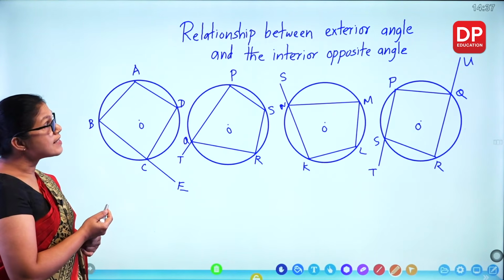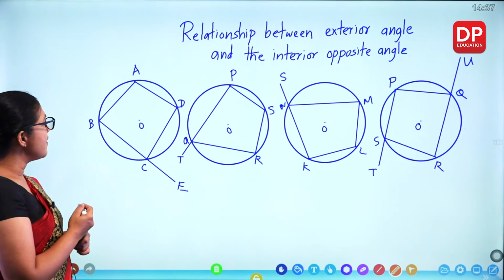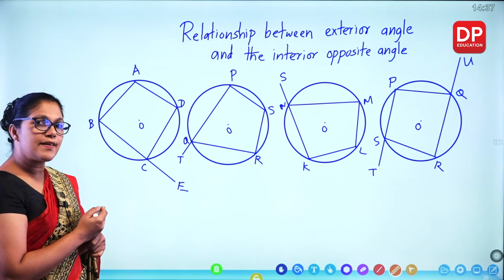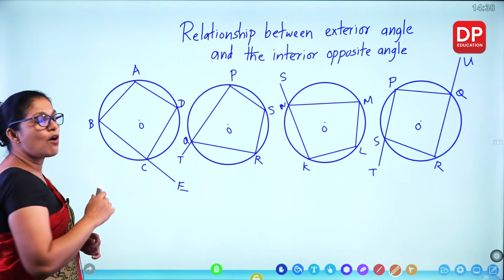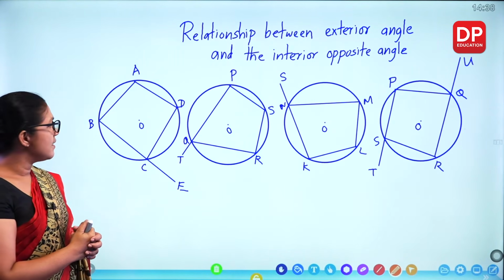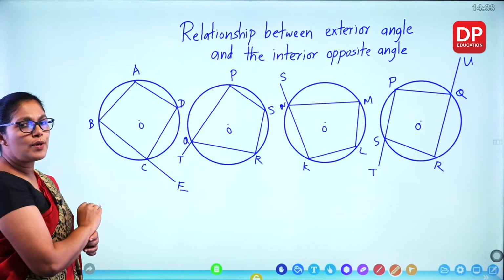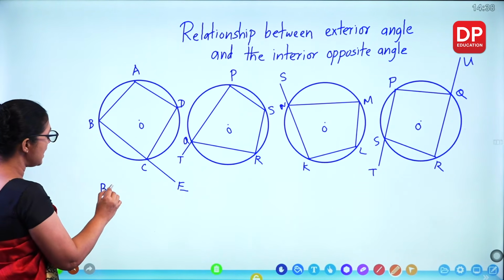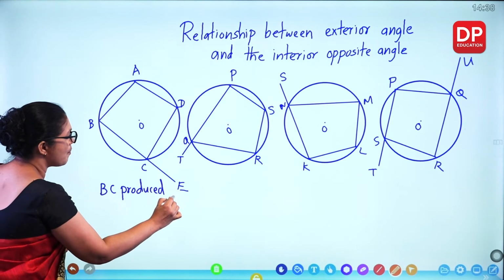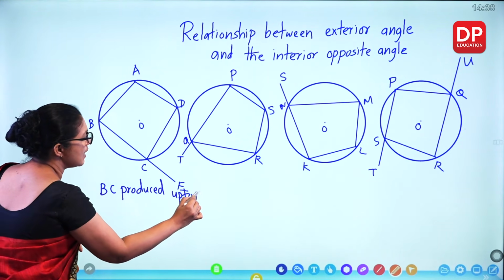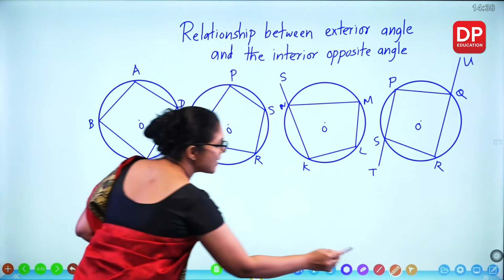Relationship between exterior angle and the interior opposite angle. Exterior. How can we get exterior angle? By extending one side of a cyclic quadrilateral. So here this one BC produced up to E. So where's the exterior angle?